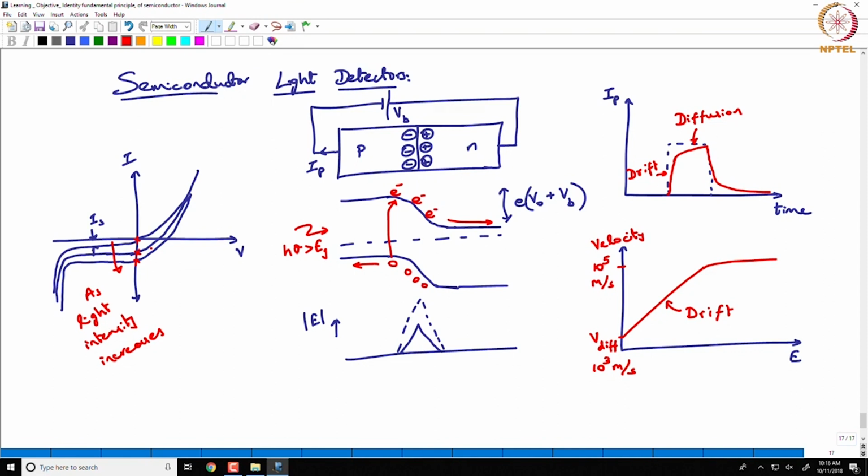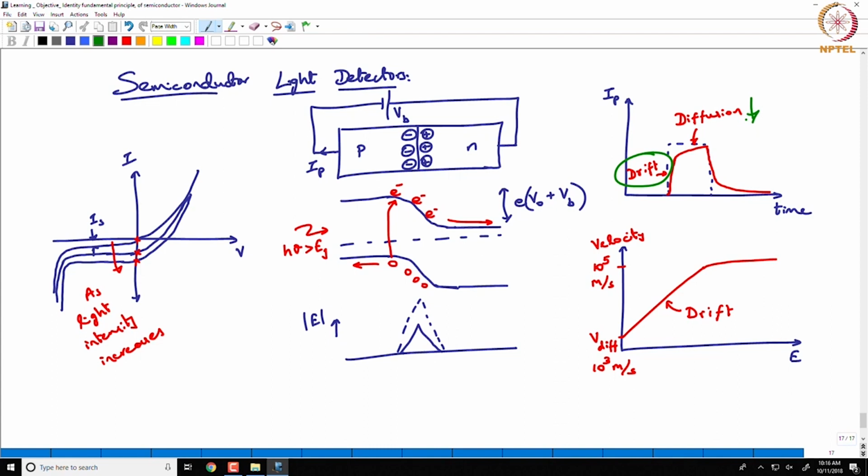But nevertheless, coming back to this picture here, if you want to have a high speed response, you need to essentially encourage drift, and you want to discourage diffusion, right. So, how do you do that?